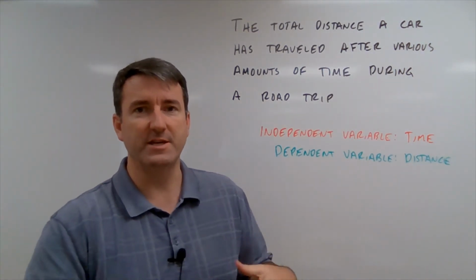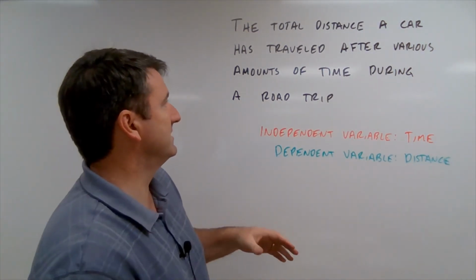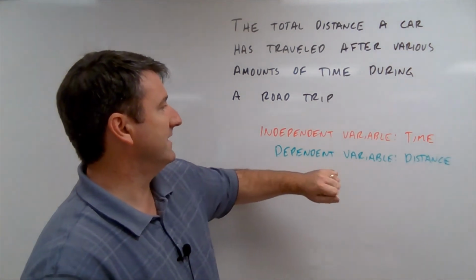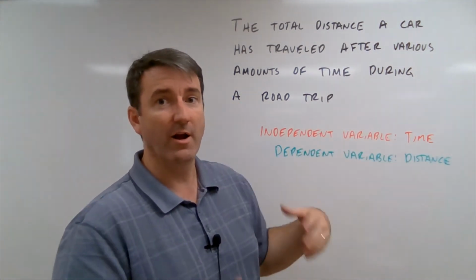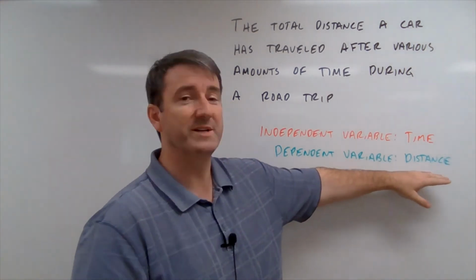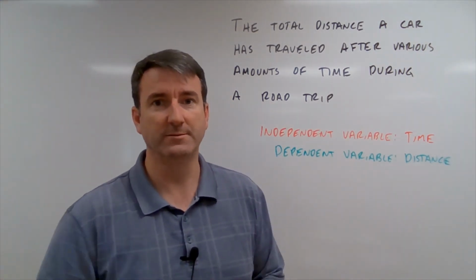And then as far as the short statement of the relationship, we'll just say that the more time we spend on our road trip, the more distance we will have traveled.